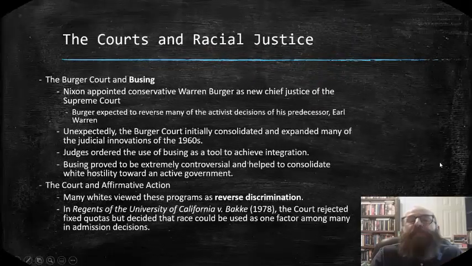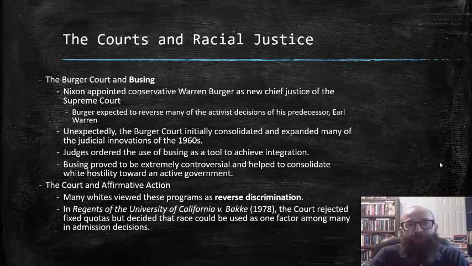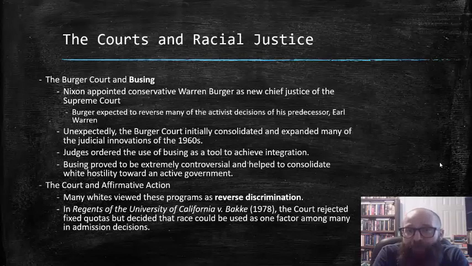When it came to the issue of the courts during the Nixon administration, many conservatives hoped that Nixon would be able to appoint more conservative justices to the Supreme Court that would help reverse many of the more liberal activist decisions that were a legacy of the Earl Warren-led court of the Civil Rights era.